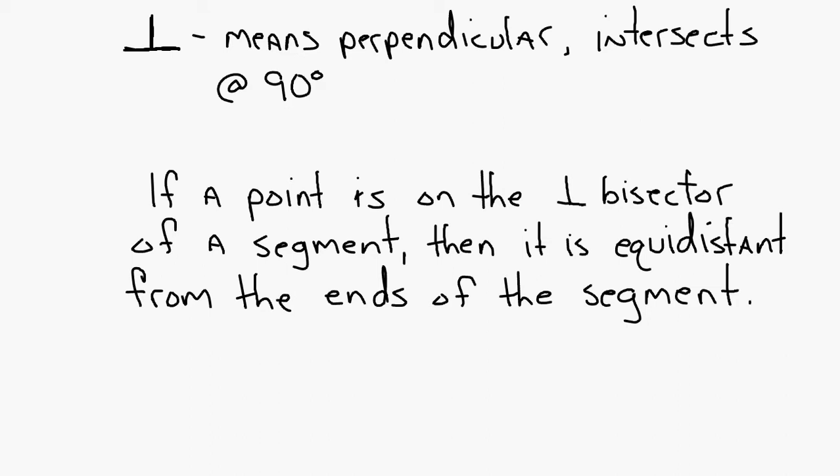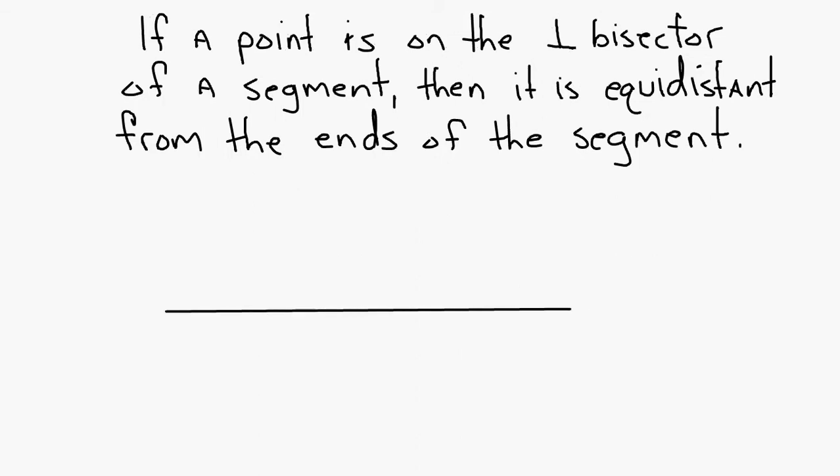If you can think of a segment, you've got a segment here, and maybe that segment is AB. And it has a perpendicular bisector, which would be a vertical line that intersects the segment at 90 degrees, and it bisects it, which means that it cuts it in half.